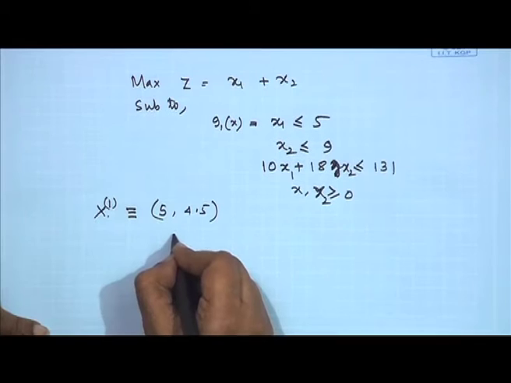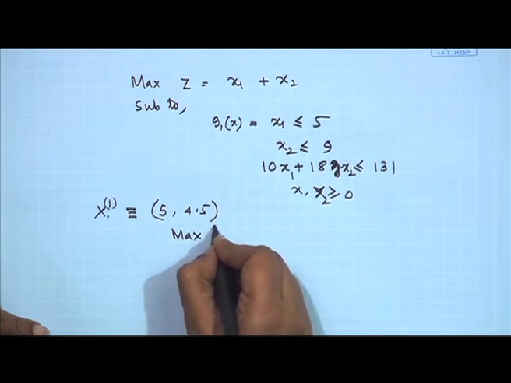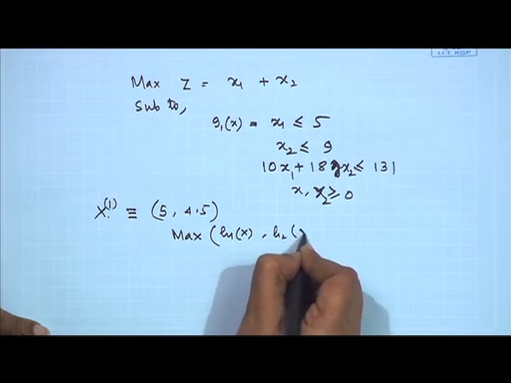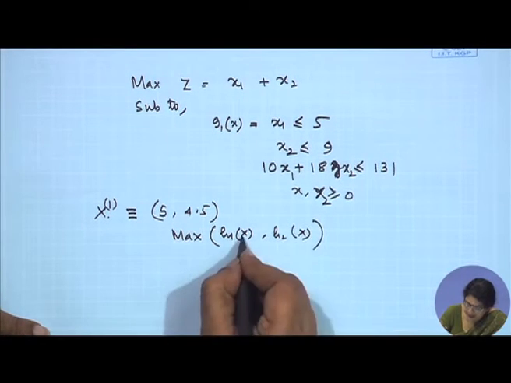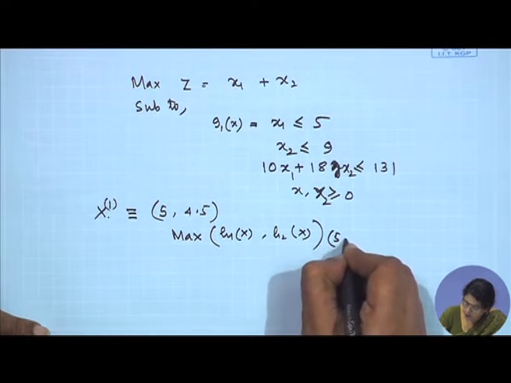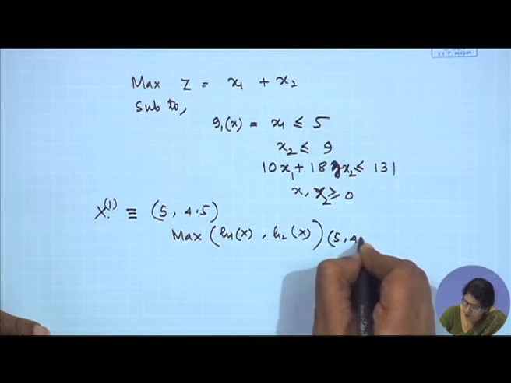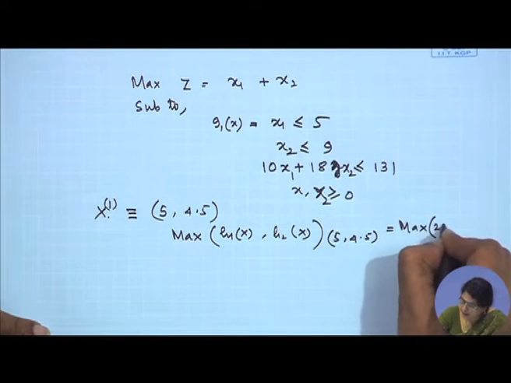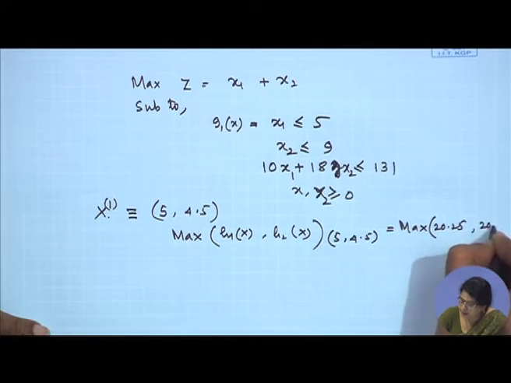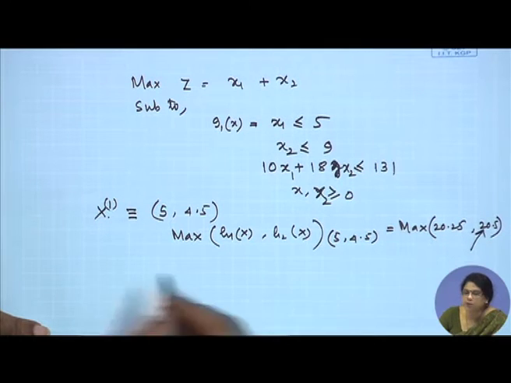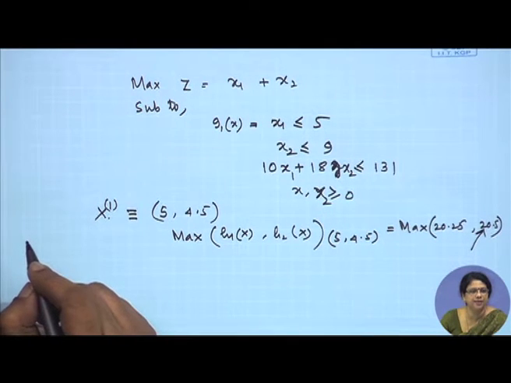If we proceed this way, we find the maximum value of h1(x) and h2(x), where X is the vector (x1, x2) at (5, 4.5). This value will come as 20.25 and 20.5. We could see that h2 is the most violated constraint here.